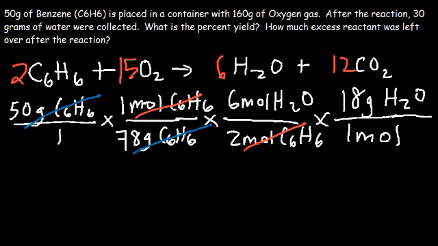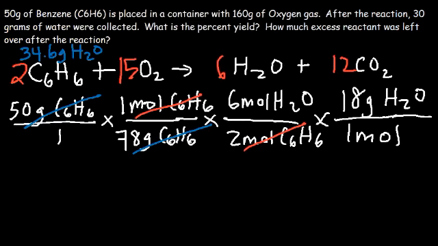Now let's do the math: 50 divided by 78 times 6 divided by 2 times 18. You should get 34.6 grams. So I'm going to put this number over here. So if all of the 50 grams of benzene reacts, 34.6 grams of water will be produced.